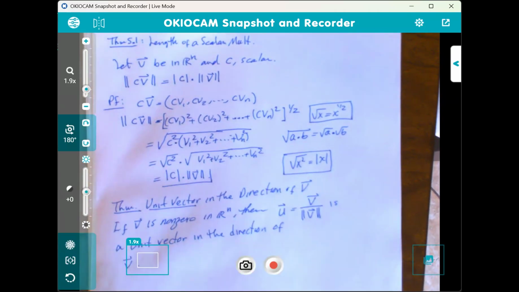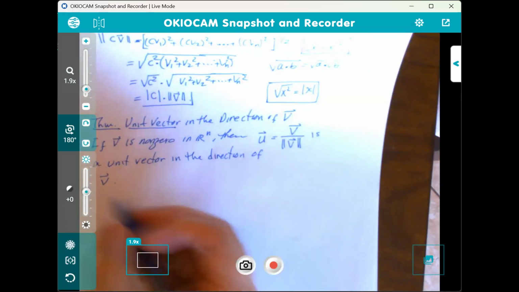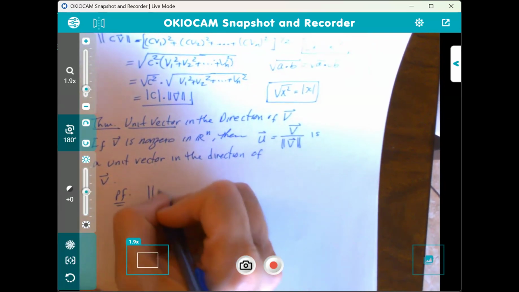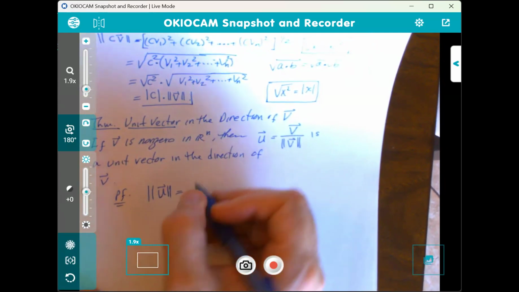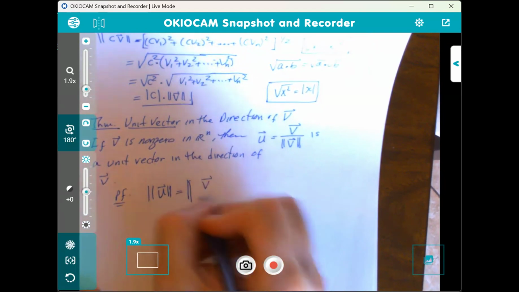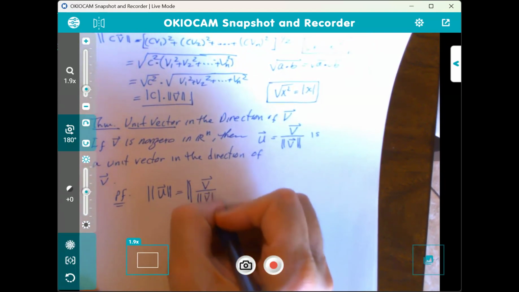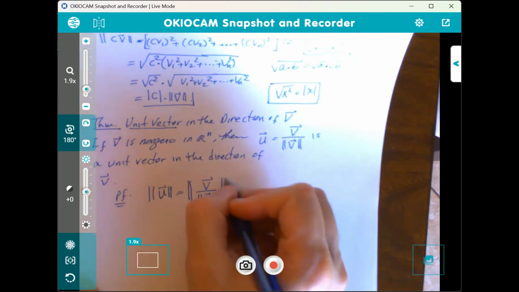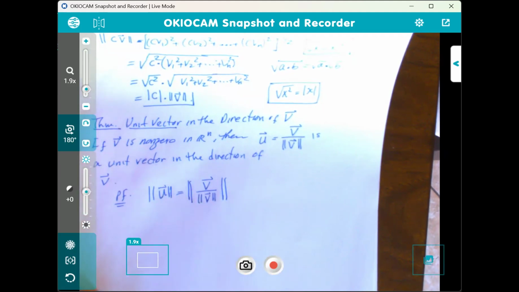Now, the proof of this one, again, is fairly easy and straightforward. Let's say we want to prove it. Well, the magnitude of the unit vector is 1, right? So we can write this as the magnitude of vector v over the scalar. I'm going to let the scalar be the magnitude of v. Remember, this is a scalar. So I'm looking at the magnitude of vector v divided by a scalar.